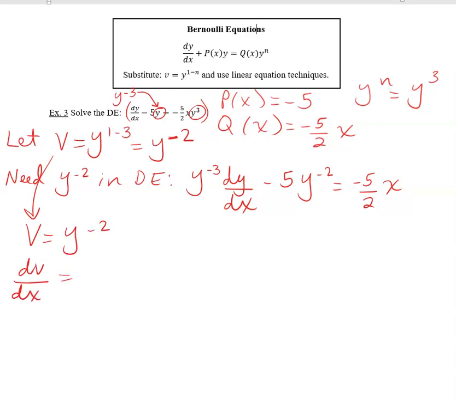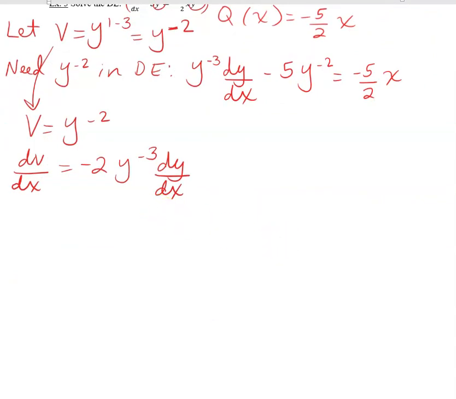So the derivative of this expression with respect to x, that's going to be negative 2 y to the negative third times dy dx, which becomes, if we solve for dy dx, we end up with negative 1 over 2y to the negative third dv dx equals dy dx. All right, so that's going to be our substitution.